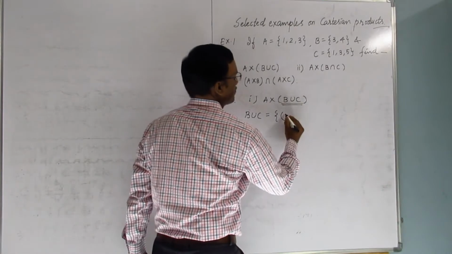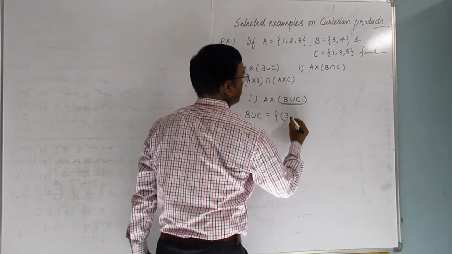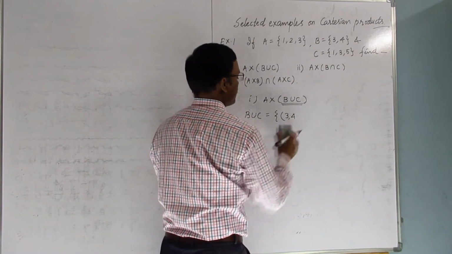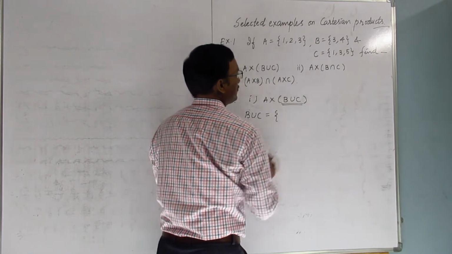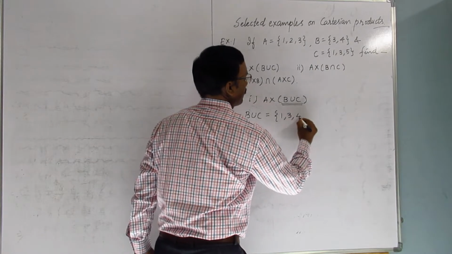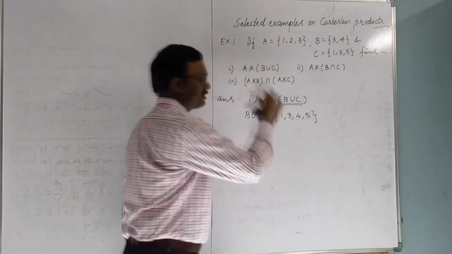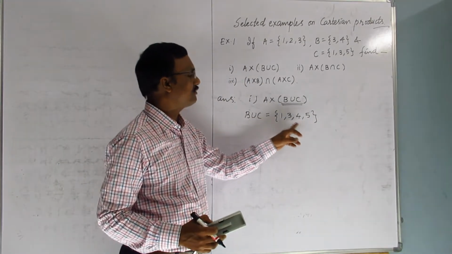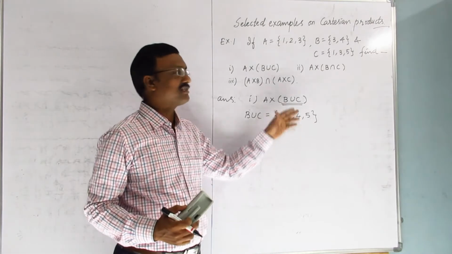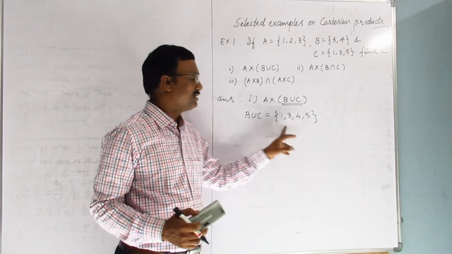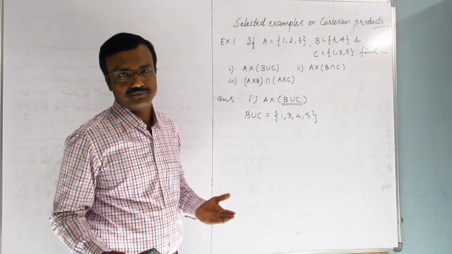So B union C is 3, 4 and 1, 3, 5; if we write the elements separately, then 1, 3, 4, 5. The elements which are repeated in both the sets, we don't repeat here, we write them once only. So this is B union C.